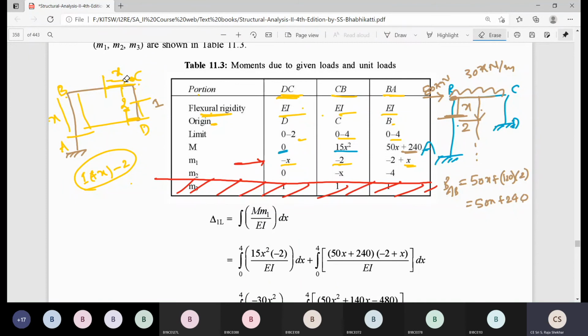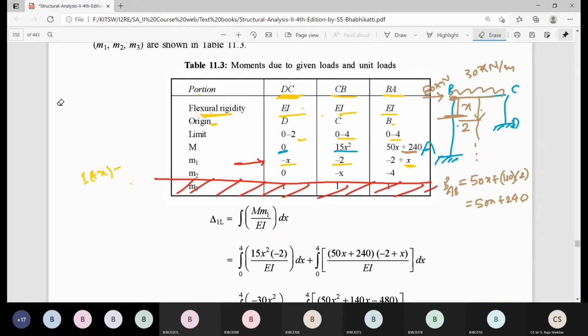Now what I am doing is I want to apply unit force in the coordinate direction 2. So this is the unit force.